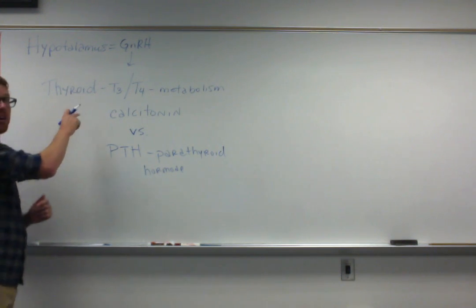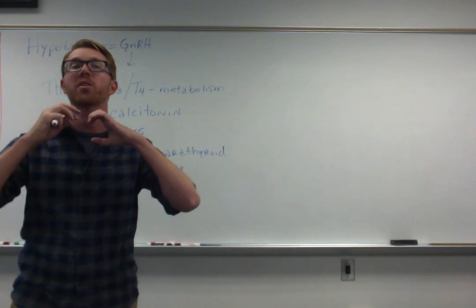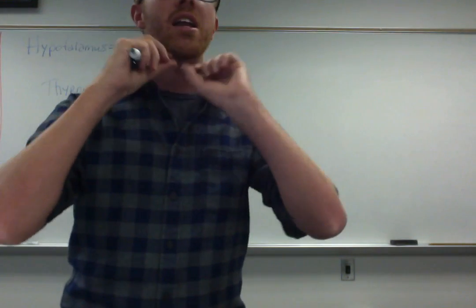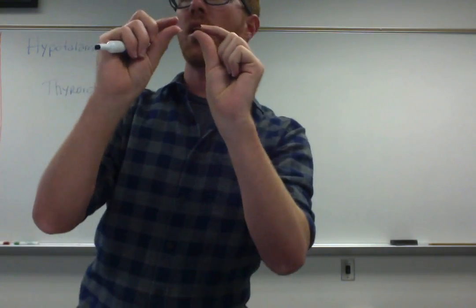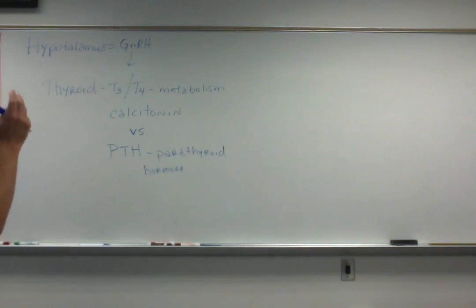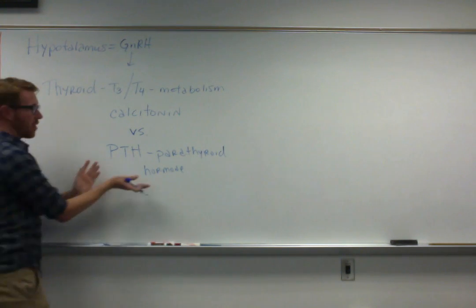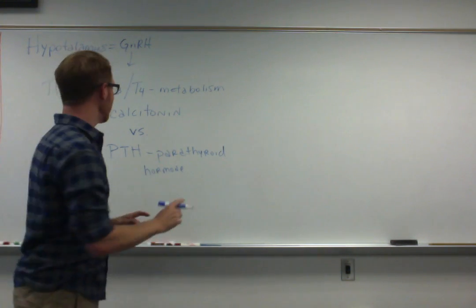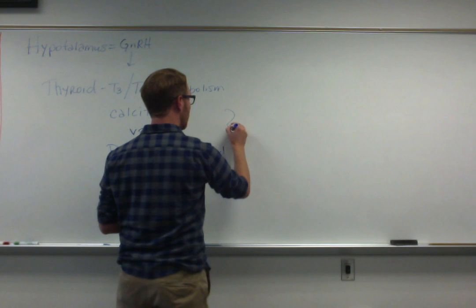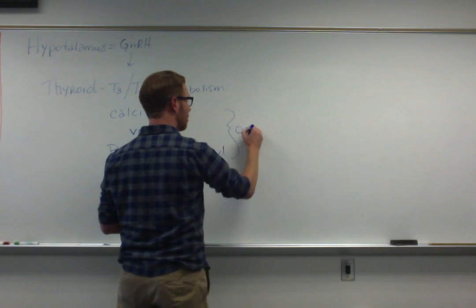Remember that the thyroid gland is this little butterfly-shaped gland in our neck region, and it has 4 little bumps on the back side of it, and those are the parathyroid glands. They only do really one thing. They produce parathyroid hormone. These two hormones are antagonistic, so they do opposites.